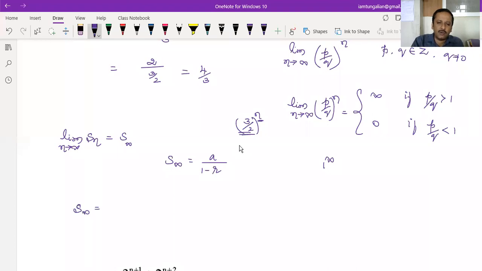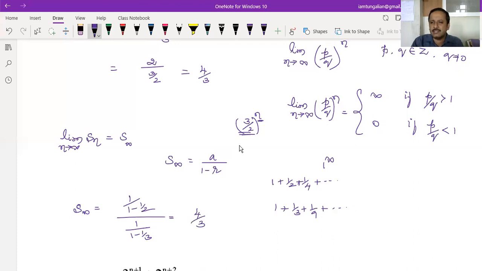S infinity we want. So in the numerator we have 1 plus 1 by 2 plus 1 by 4, etc. Here a by 1 minus r means 1 by 1 minus 1 by 2. In the denominator we have 1 plus 1 by 3 plus 1 by 9 and so on. So a by 1 minus r. On simplification this will give you 4 by 3.